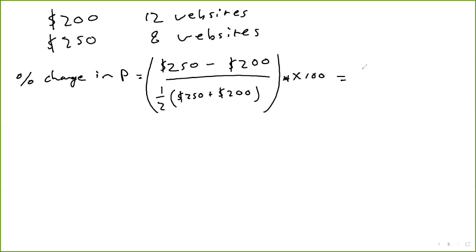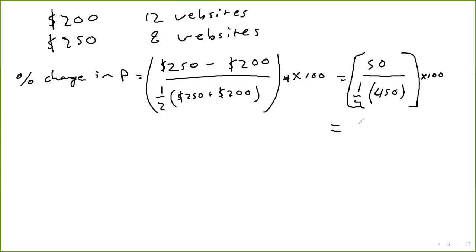So that's going to equal 50 over 1/2 of 450 times 100, which in turn equals 22.2%.